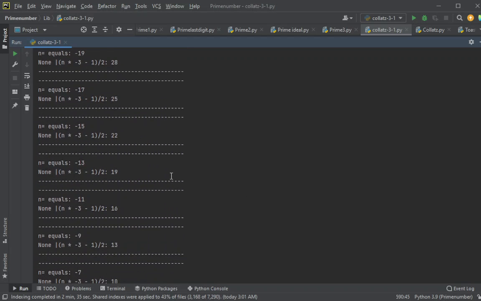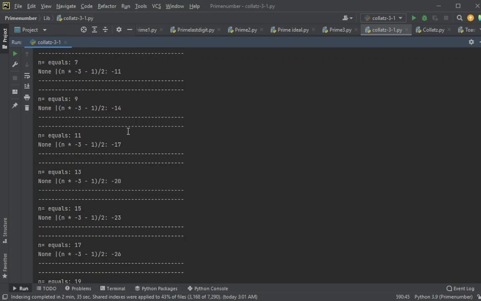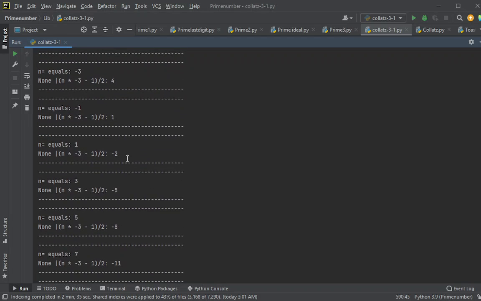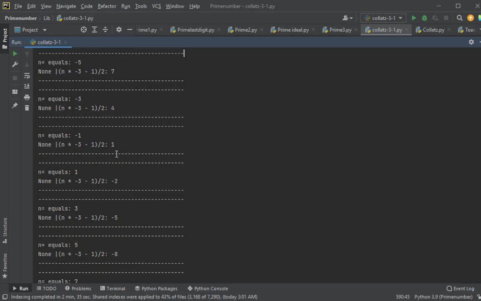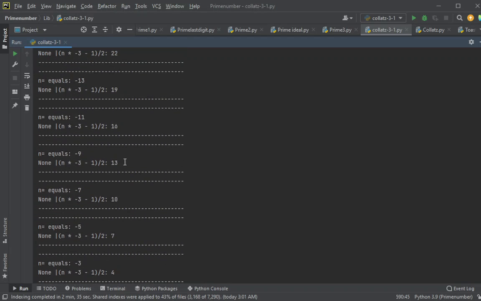The negative side goes to the positive, and then the positive side goes to the negative. And the negative is 2, 5, 8, 11, so on and so forth, and then the positive outputs are 1, 4, 7, 10, 13.